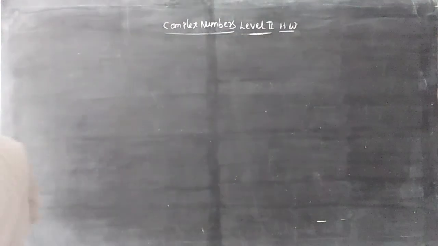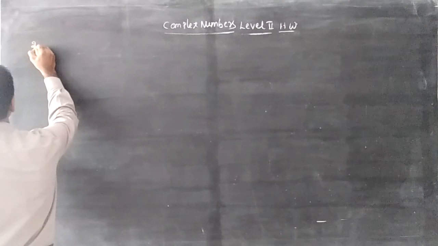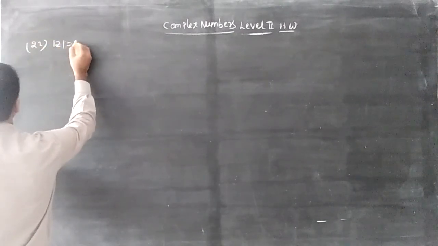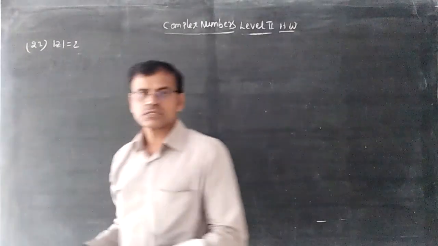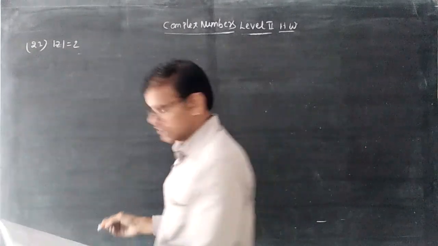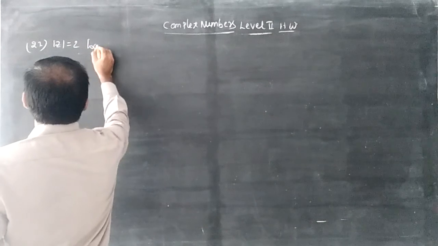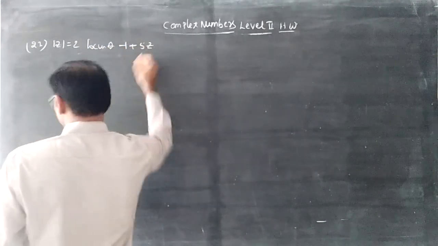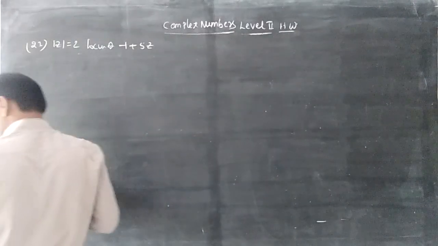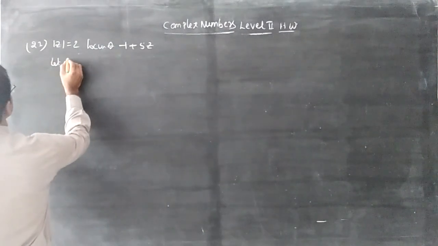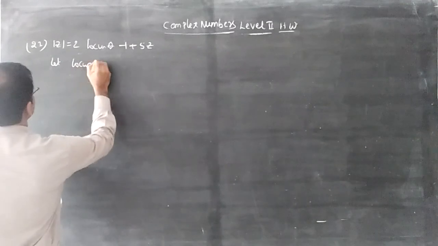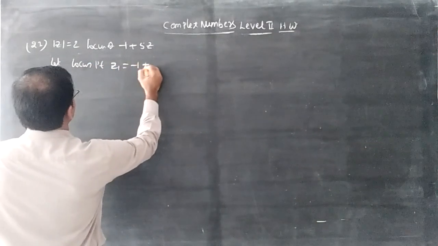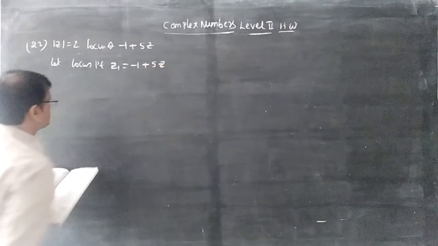22nd question, if modulus z is equal to 2, then locus of minus 1 plus 5z. So let the locus point z1 be equal to minus 1 plus 5z.